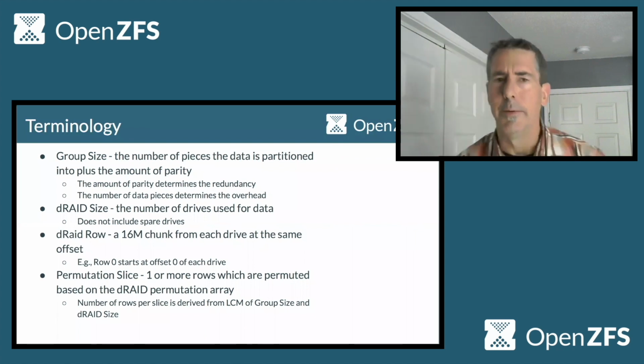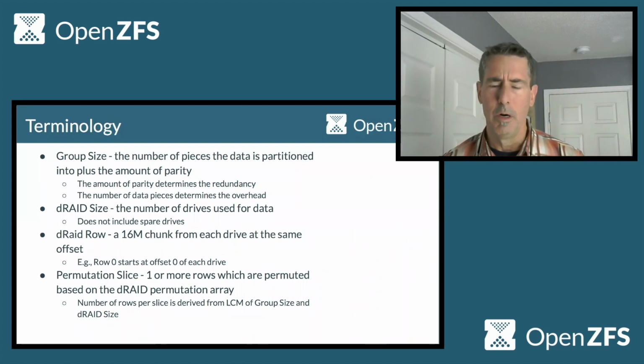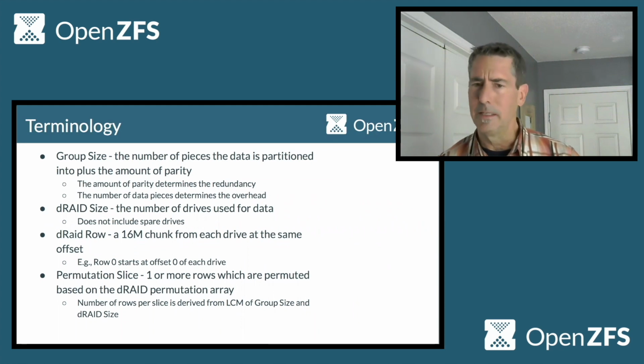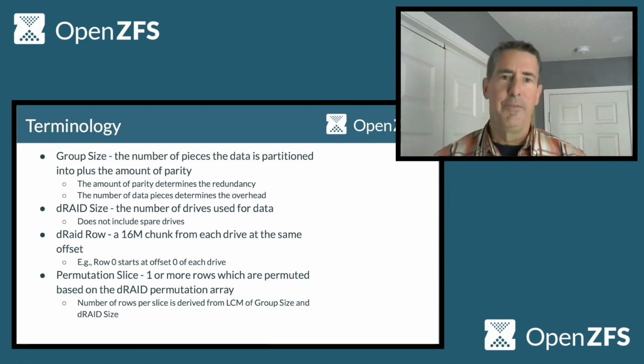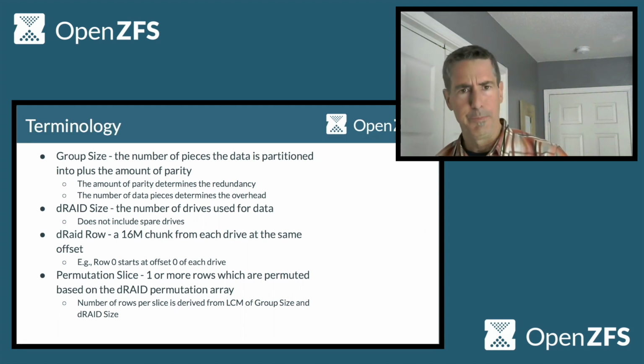All right. So I want to introduce a little bit of terminology before I start in, mostly because there's a lot of confusing terminology here, and that can easily get conflated between RAID and dRAID. So I want to talk about group size. Group size is the number of columns that data is partitioned into plus parity.